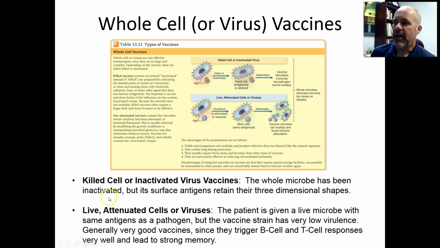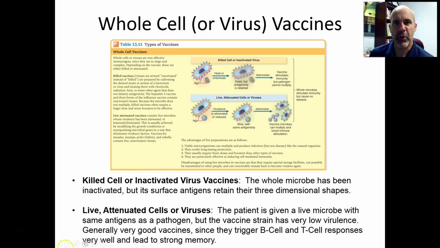All right. Now, some vaccines are live attenuated cells or viruses. In this case, you're actually getting a live bacterial organism or a replication competent virus, but they have been attenuated.